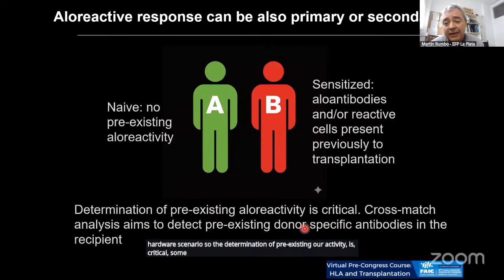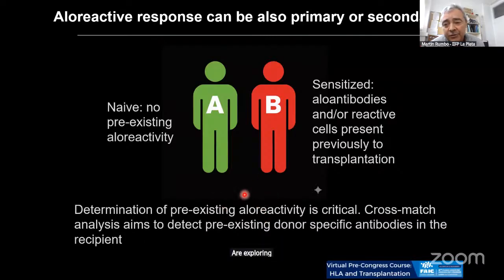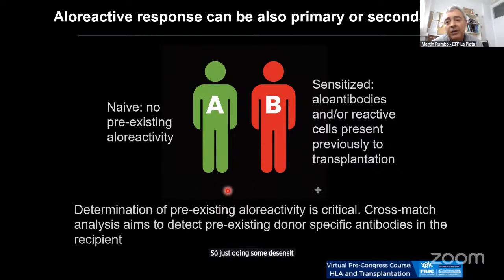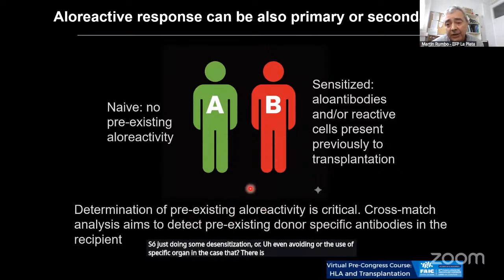These are the things that are explored in the characterization of the pre-transplant period, and normally the cross-match analysis is performed to detect pre-existing antibodies and take measures such as desensitization, or even avoiding the use of a specific organ in the case that there is high alloreactivity.